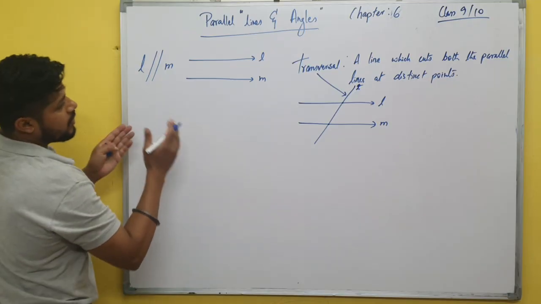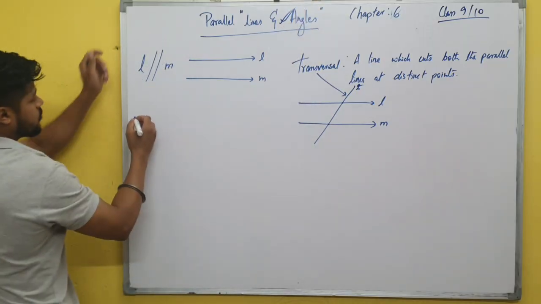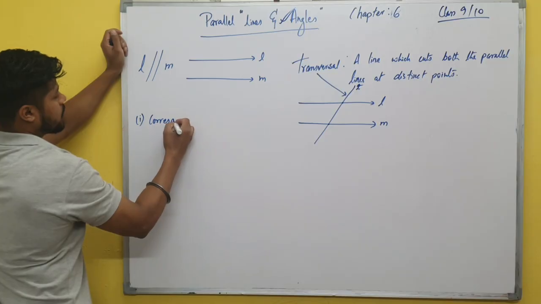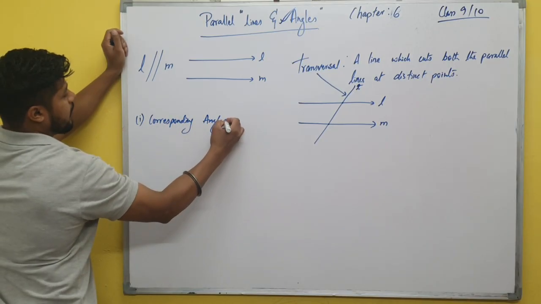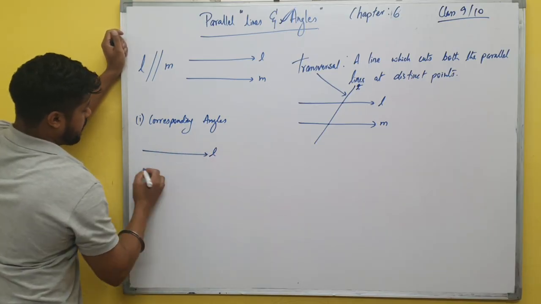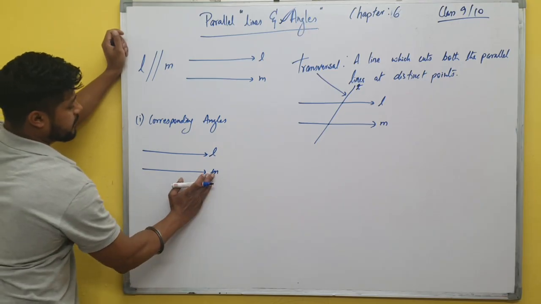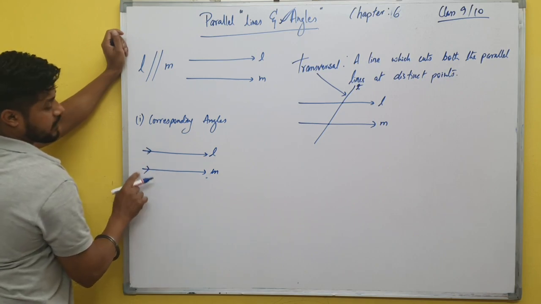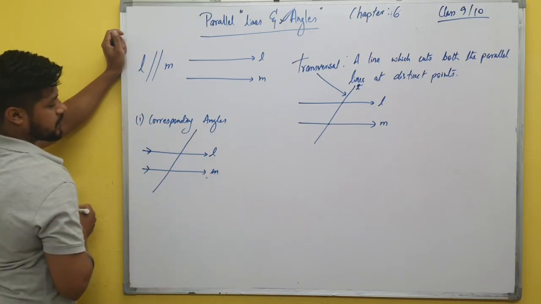Now let's see, if there are two parallel lines, what type of angles do we get? So the first type of angle we are going to get here is corresponding angles. Now what are corresponding angles? When you have line L and line M parallel, if these two are parallel lines, this is the symbol of parallel lines, and there is a transversal.